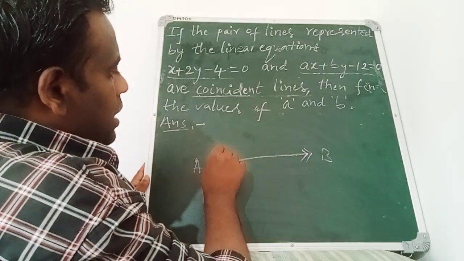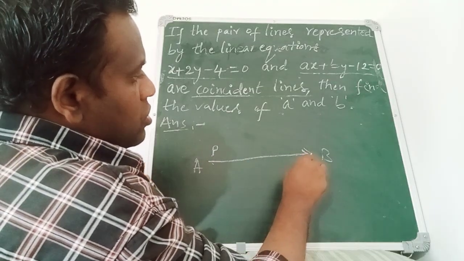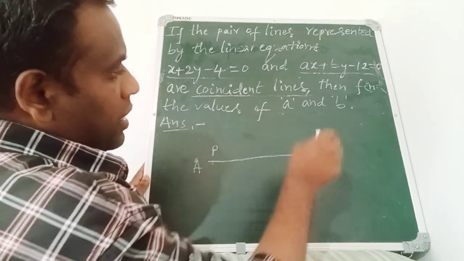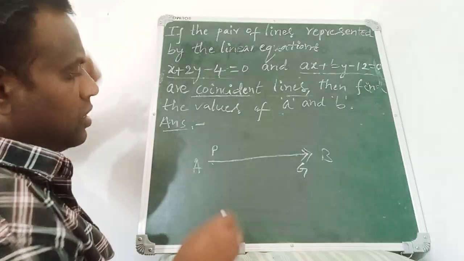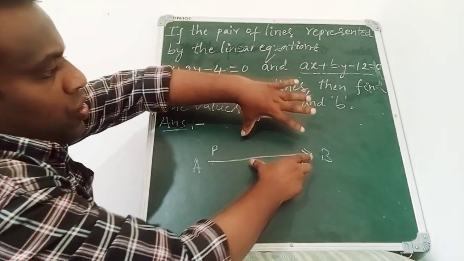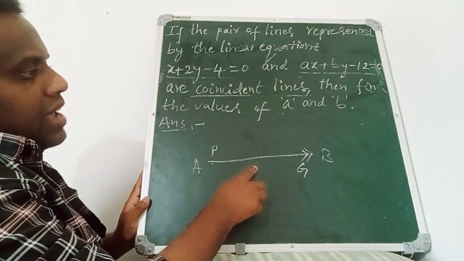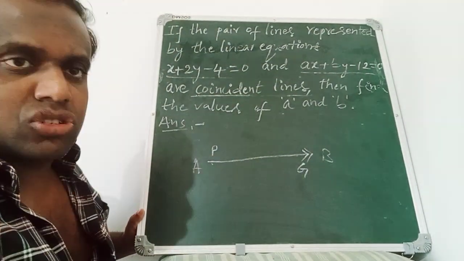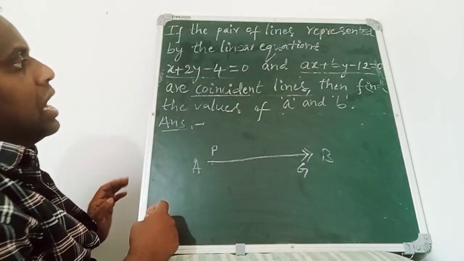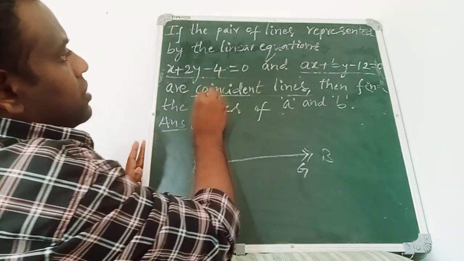I will call it PG. See, line AB and line PG are falling on one another exactly. So these lines are called coincident lines. So these two represent coincident lines.